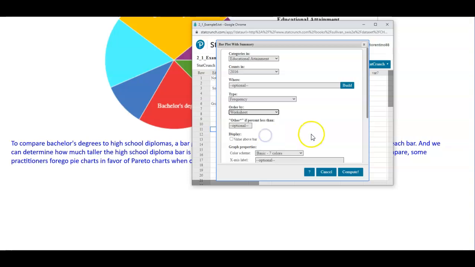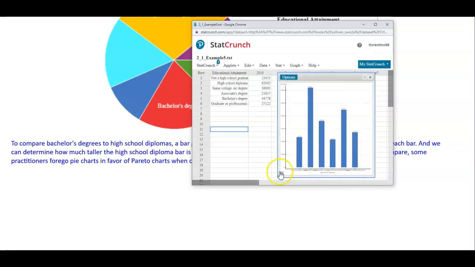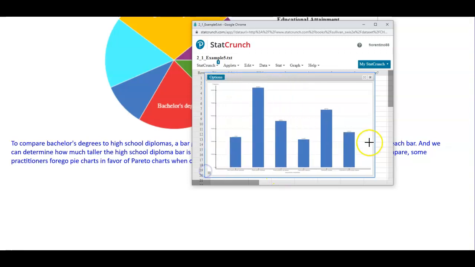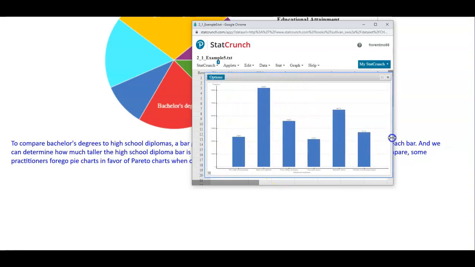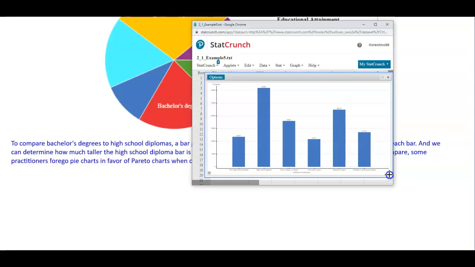And then we're going to go to worksheet, and then we're going to put the values above the bar. And then let's go ahead and select compute. And so let's take a look at that. So here is our bar graph.